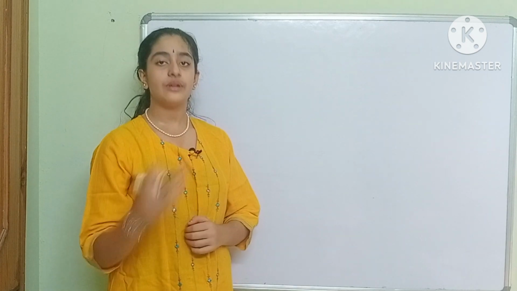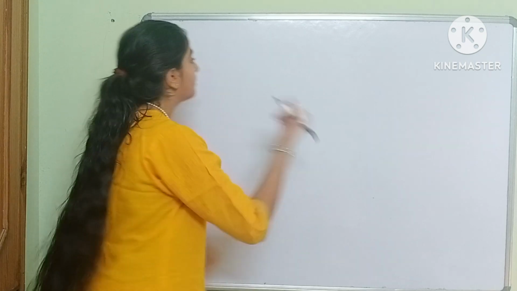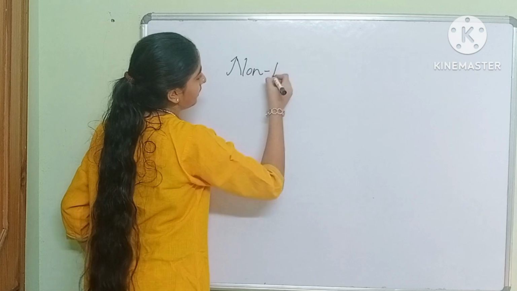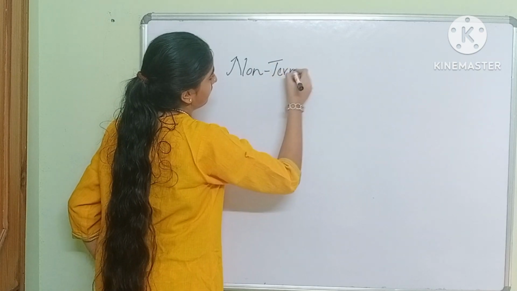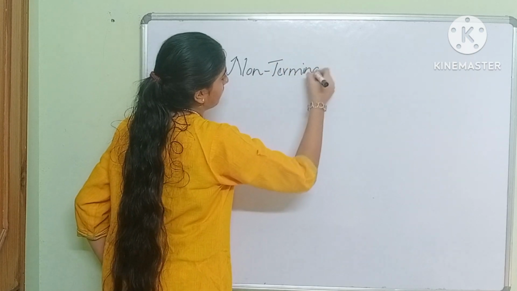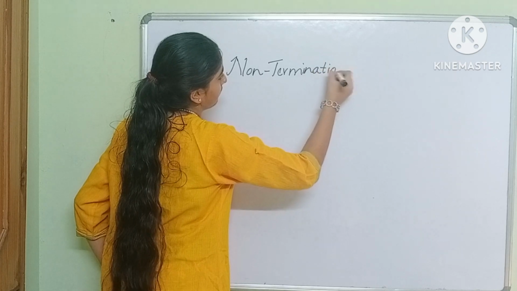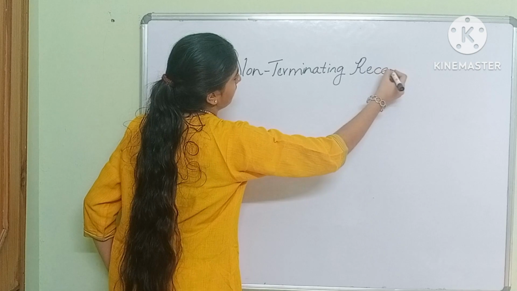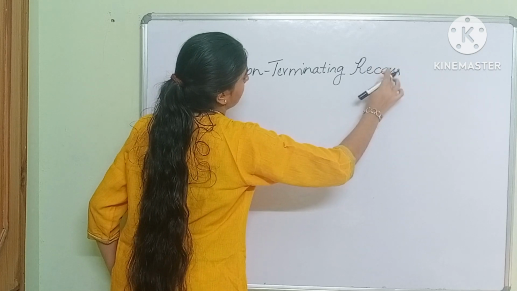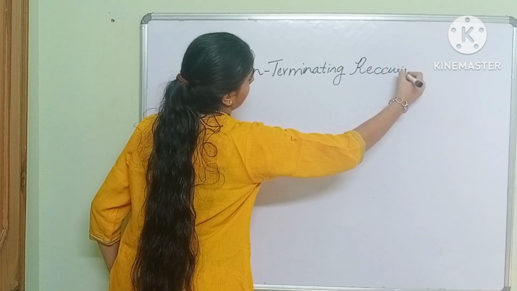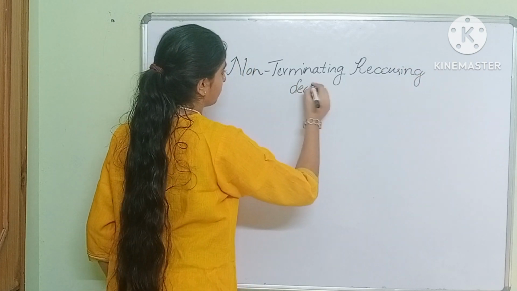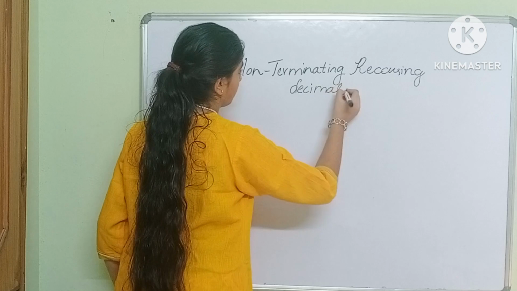If it cannot be written so, then it will be a non-terminating recurring or repeating decimal. Let us go into the next topic, that is non-terminating recurring decimal.